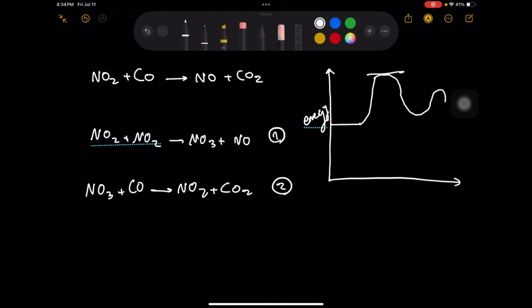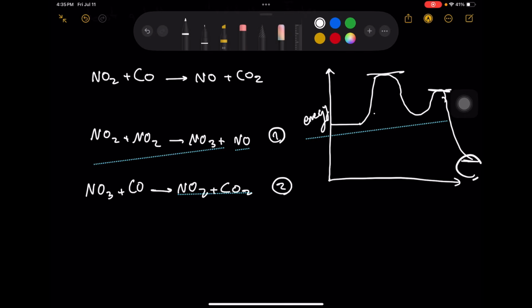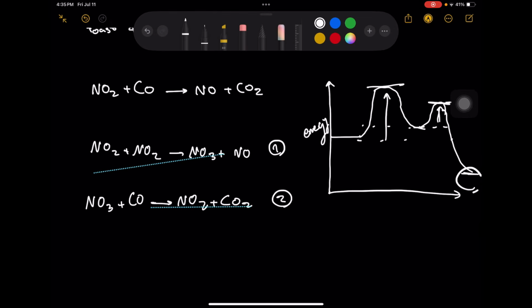I would draw it like this. So these are our products here, the overall reaction. Step 1 has a higher activation energy, which means that it's the slowest step. The second one has a lower one. This is, for example, EA1, EA2.